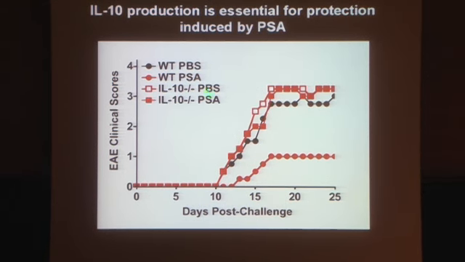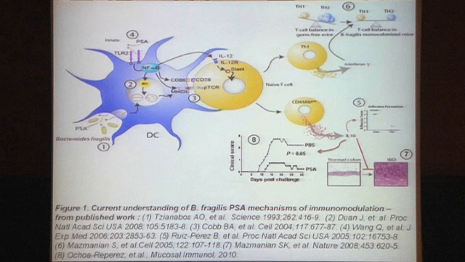If you use an IL-10 knockout mouse, you no longer see protection from PSA. So the same theme is through all the things I've told you. Protection requires IL-10 and TLR2.